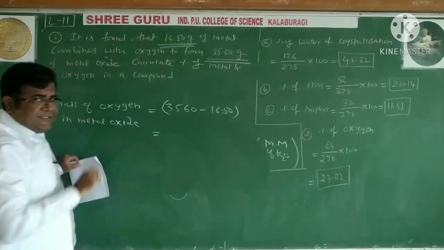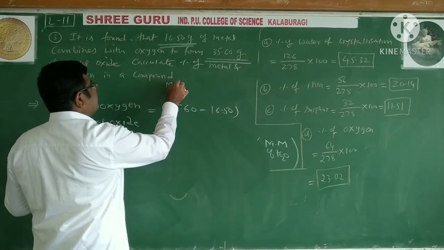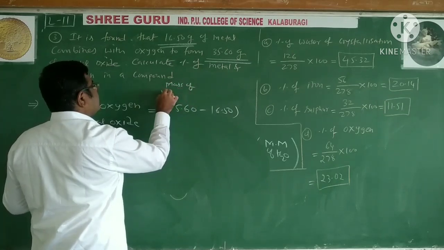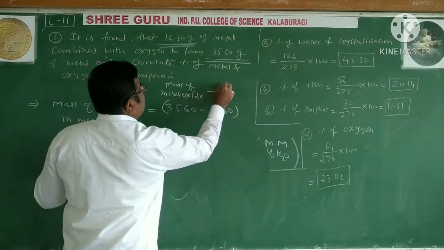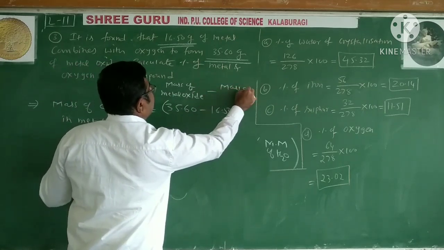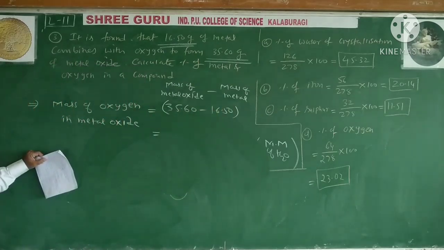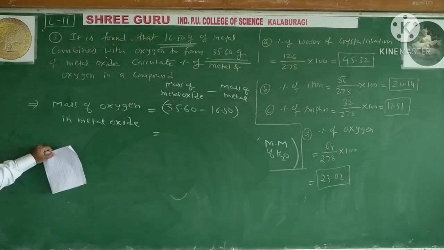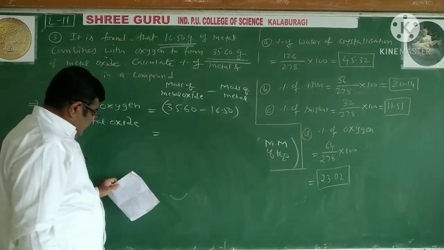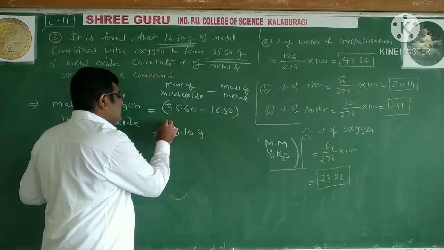If we subtract mass of metal oxide minus mass of metal, that will give the mass of oxygen, because in metal oxide there is only metal and oxygen. This happens to be 19.10 gram.